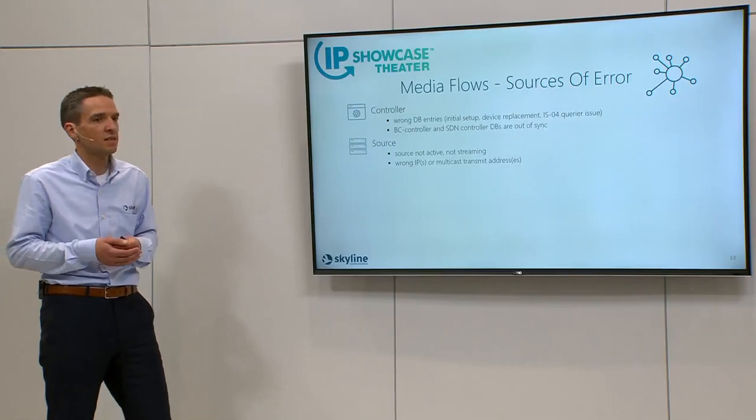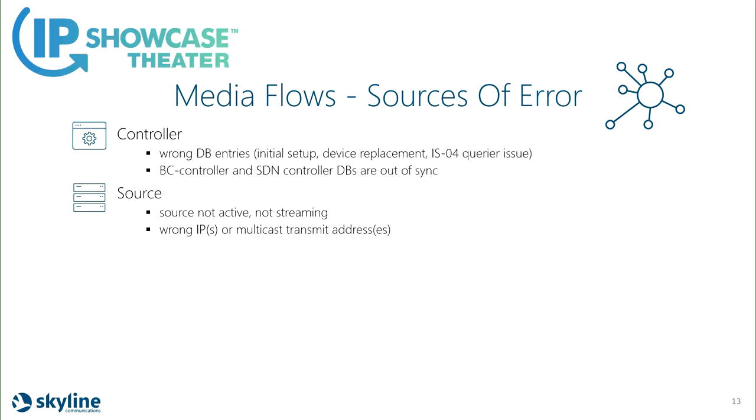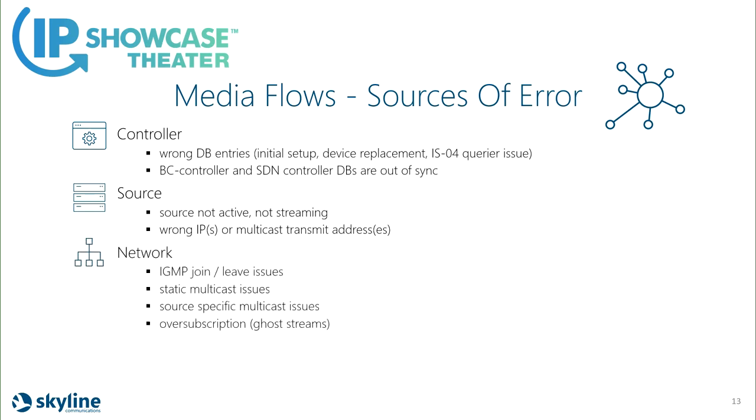Then again, the sources. SDN controllers typically don't check the source, they assume it's always active. That might be the case, but you should still double check in a proper monitoring system if the source is streaming, if it's active, if it's streaming with the right multicast address, the one which is set in the SDN database. In the network, IGMP issues, static multicast issues.